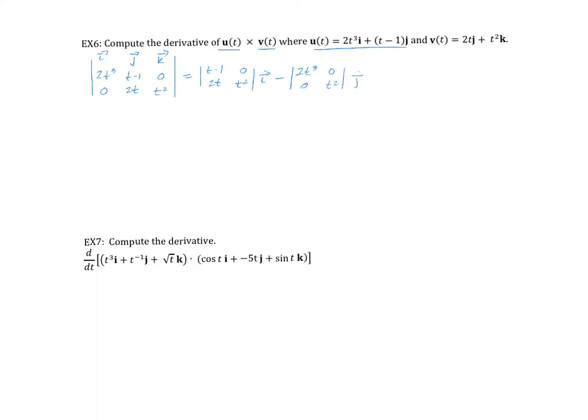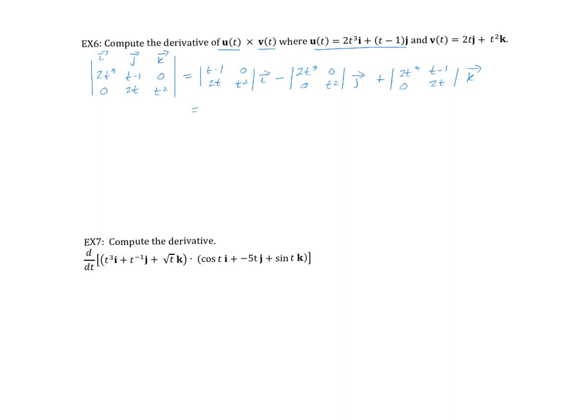That's our j. So could you imagine doing this twice and using the right-hand side? Plus k would be, cover the k, you get 2t to the third, t minus 1, 0, 2t. Again, that would be your k.